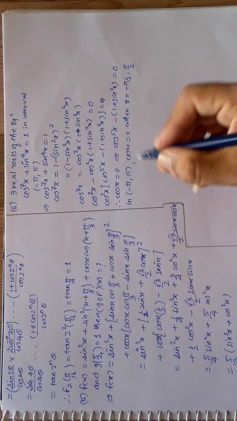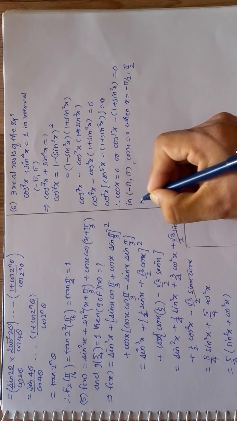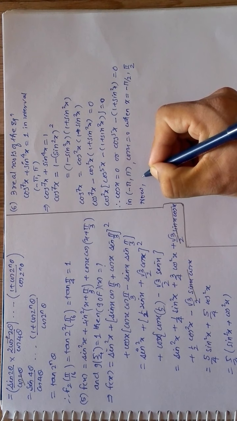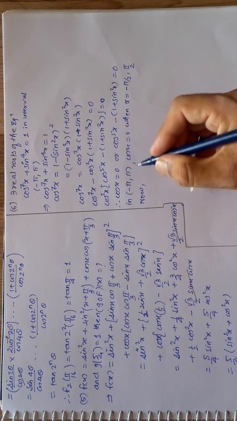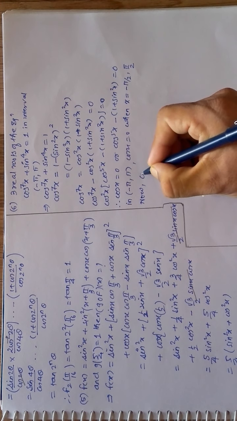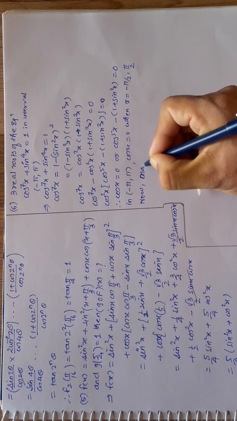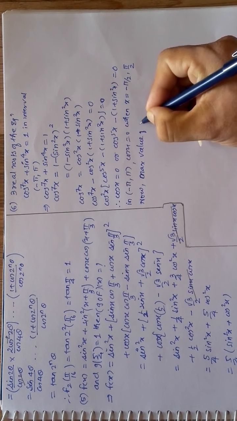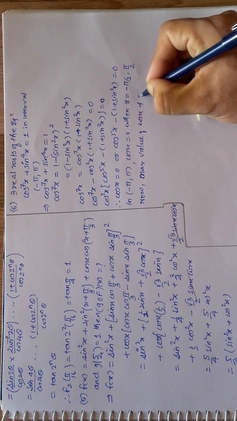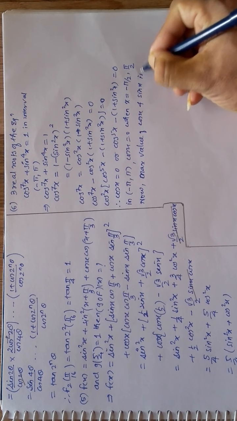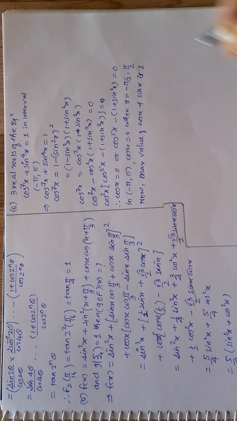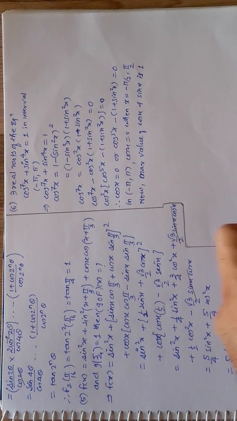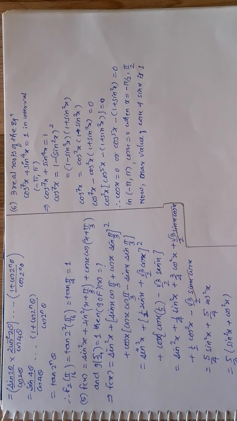Now here, if you see, cos x and sin x both are there. The max value of cos x and sin x is 1. Agreed? This you know. Minimum value is minus 1, so maximum value is 1.